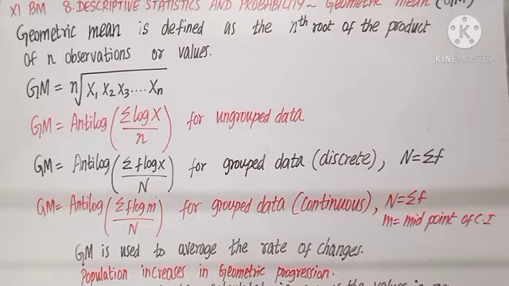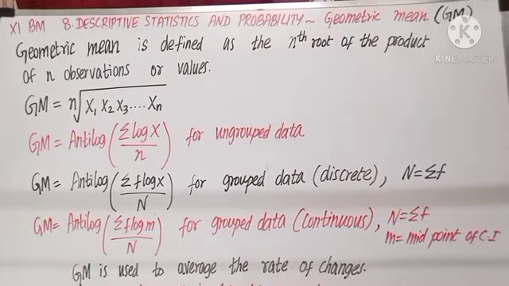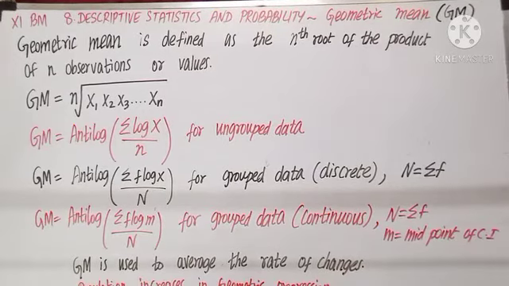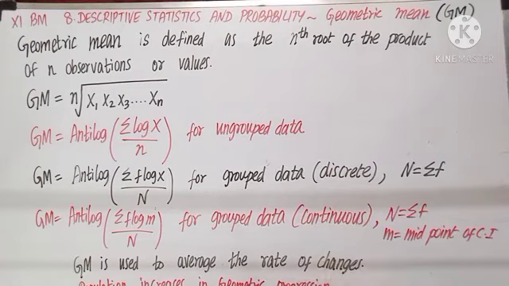If they give you the rate of increase or percentage of increase for population over the years, we cannot calculate arithmetic mean, rather we calculate geometric mean. In today's class, let us see how we are going to evaluate geometric mean for the various data types.